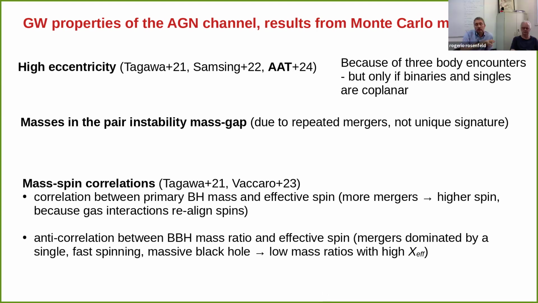No, I'm talking about the outcome of a merger that is caught in another binary, that actually forms another binary. Yes, no, I haven't. In my work, I only consider a single encounter. So I didn't continue the evolution with the merger product.